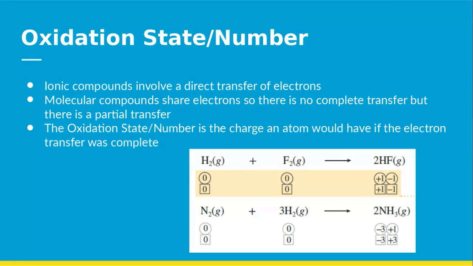Because H2, hydrogen gas, and F2, fluorine gas, are just uncharged diatomic elements, we have 0 for both of them for oxidation states. That's a constant rule. And for HF, we have -1 on the fluorine and +1 on the hydrogen, because overall the oxidation states should balance out to the charge of the overall compound.